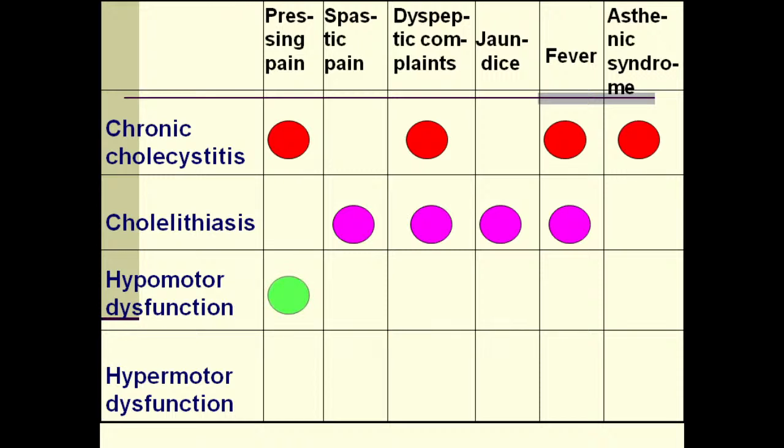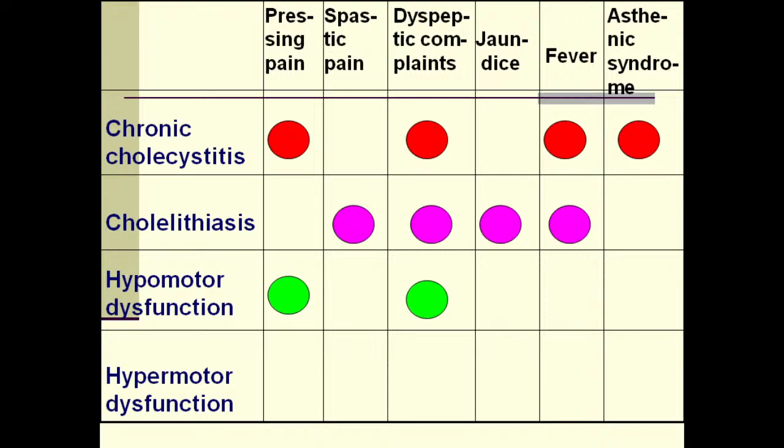Hypermotor dysfunction is manifested with pressing pain which resembles cholecystitis, accompanied with dyspepsia because of delayed evacuation of bile and disturbed digestive process, but no fever and no asthenic syndrome.